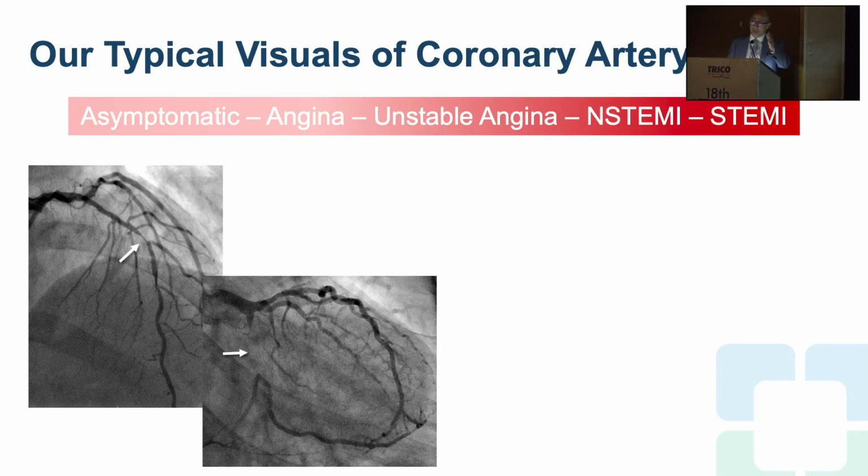When we think about coronary artery disease, typically this is what comes into our heads: angiograms that look like the ones you've been looking at for the last couple of days, with extensive disease and CTOs and tight lesions and bifurcations. These patients present with different types of presentations, from asymptomatic all the way to acute coronary syndromes with a lot of angina in between.